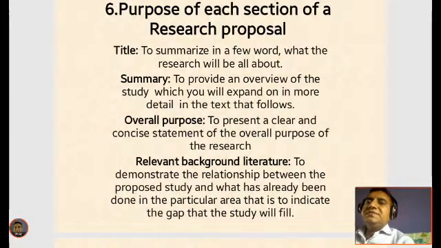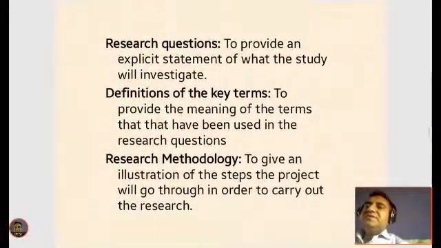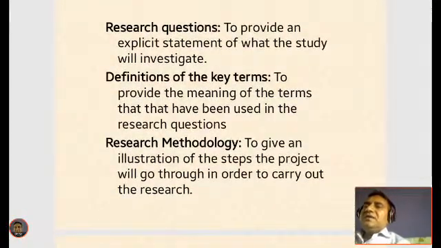Demonstrate the relationship between the proposed study and what has already been done in the particular area, that is to indicate the gap that the study will fill. Research questions. They provide an explicit statement of what the study will investigate. Definitions of the key terms. To provide the meaning of the terms that have been used in the research questions.